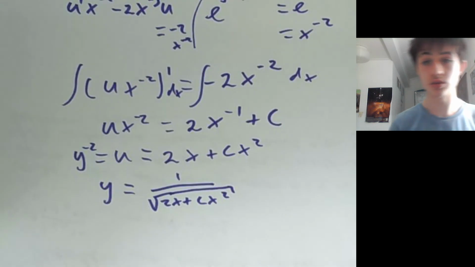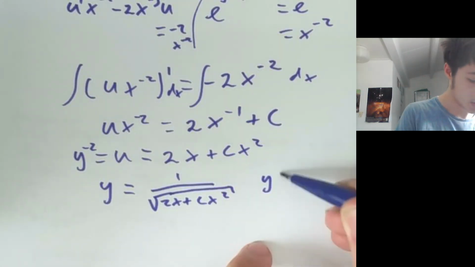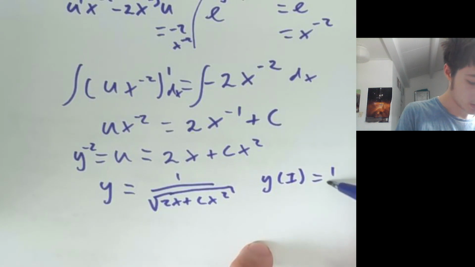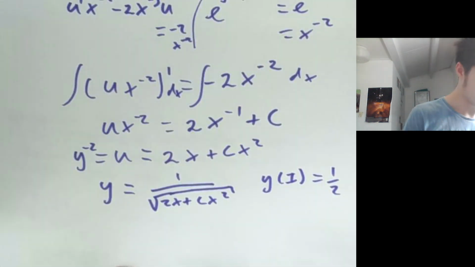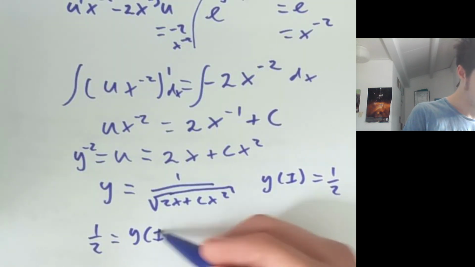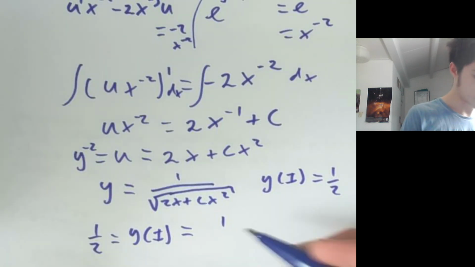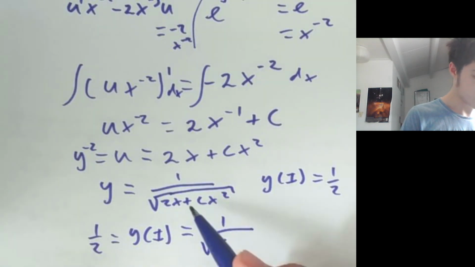And then to determine the value of c, remember that we had this initial condition y of 1 equals half. We can plug 1 in. We see half equals y of 1, which becomes 1 over this square root.